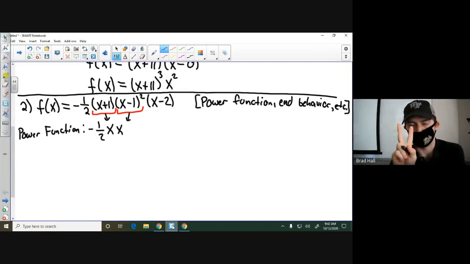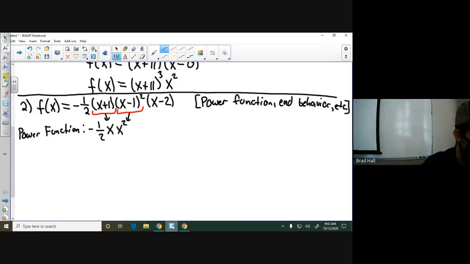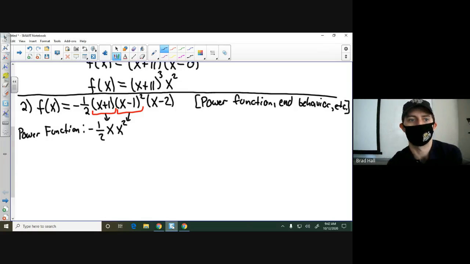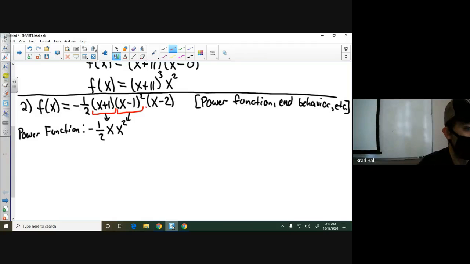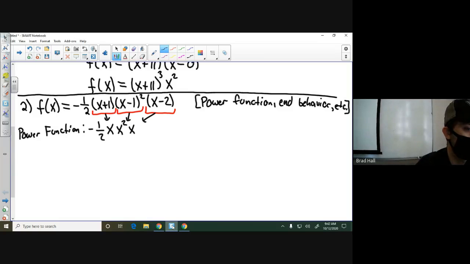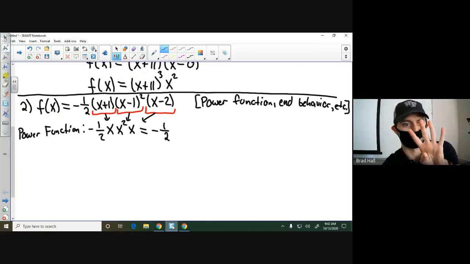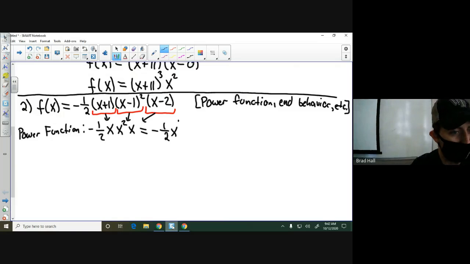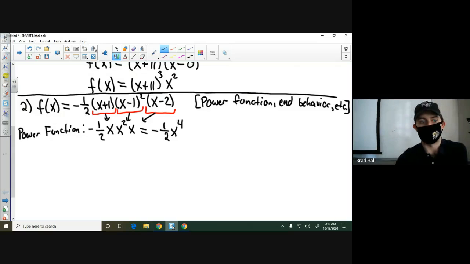But there is a power of 2 that corresponds to that factor. So the power of 2 also has to drop down. And then finally, for x minus 2, the dominant term is x. So we have 4 x's in total, 2 x's for the middle one, so that's -1/2x to the 4th. And so that is the power function.